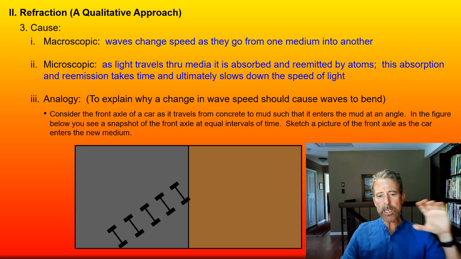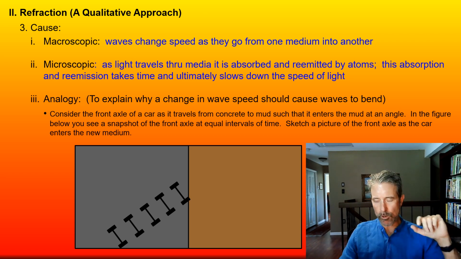Now, when your car is entirely in concrete, it's reasonable to assume that your right wheel would travel exactly the same distance as your left wheel would, if both wheels are traveling on the same type of surface.